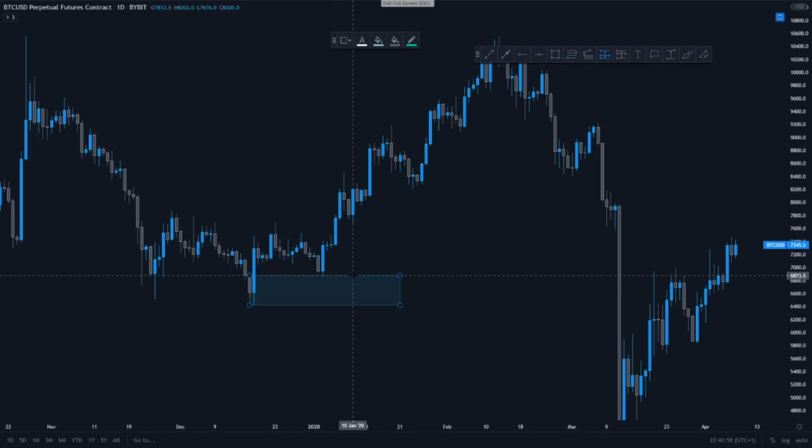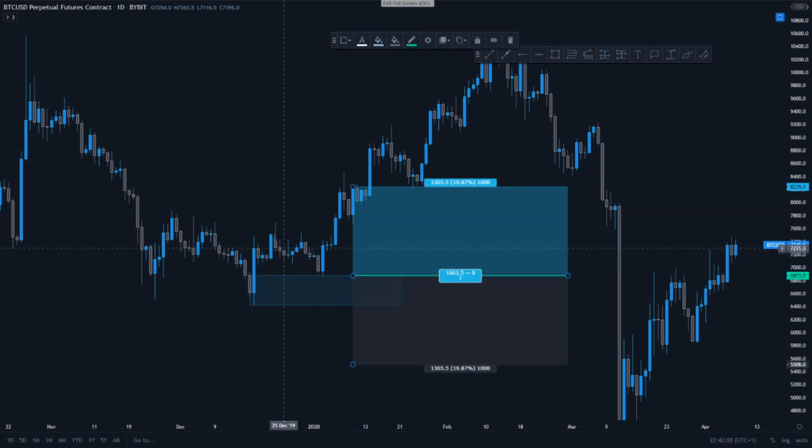If you want to long Bitcoin here, let's say the price is somewhere here and you anticipate that it will go into this demand zone, and you make a target, my first target was 8,200. You would have to put your stop below the demand zone, right?